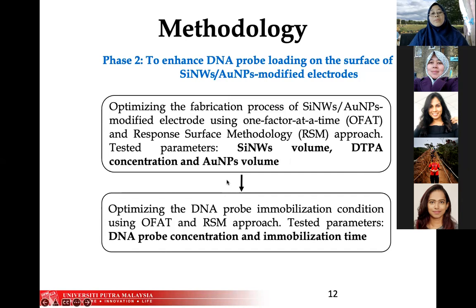Through that RSM, he managed to get a few parameters optimized, for example, how much silicon nanowires, how much gold nanoparticles, and how much DNA should be put on top of the electrode.